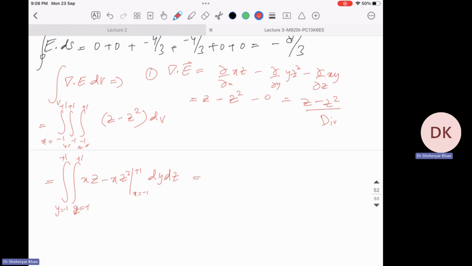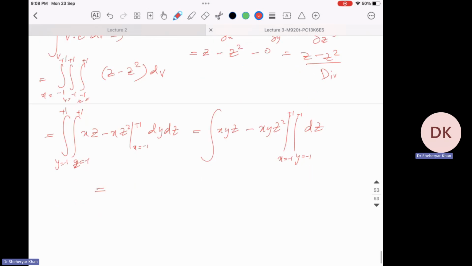Then we will apply y limit. We have x y z minus x y z square. Now we have dz limit. Please look at this triple integration.